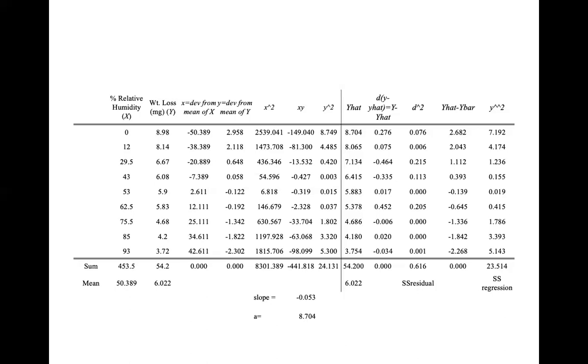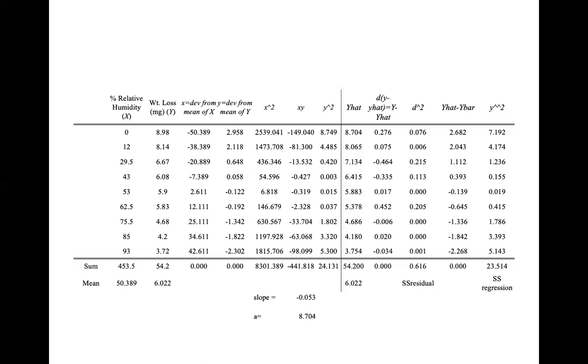The blue line is still going to be the average of y. In this case, the sum of squares residual is still the difference between the actual values and the best fit line.